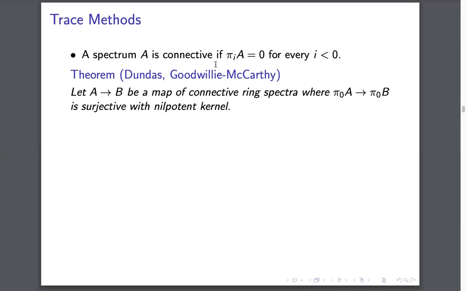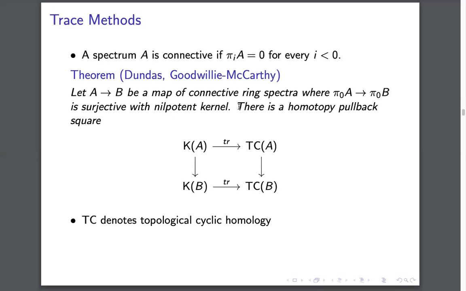It says that if you have a map of connective ring spectra where the induced map on pi 0 is surjective with a nilpotent kernel, then there is a homotopy pullback square of this form that relates algebraic K-theory with topological cyclic homology. Now, I haven't defined what topological cyclic homology is. I'm going to do that in a second. But it says that there is what's called a trace map from algebraic K-theory to TC, and it fits into a homotopy pullback square.